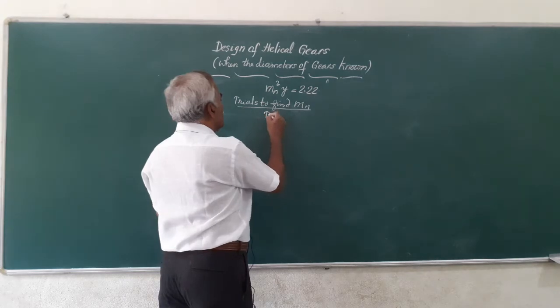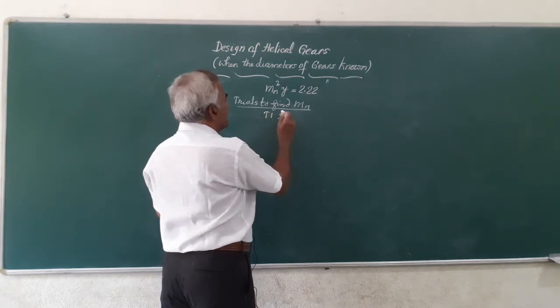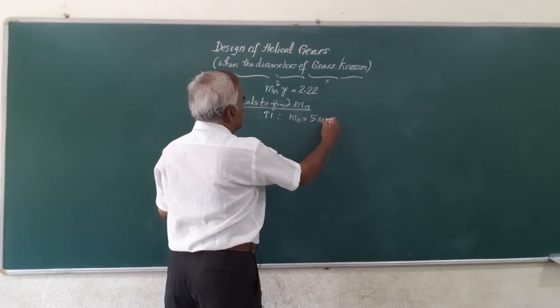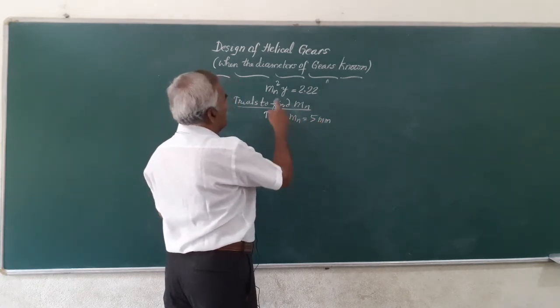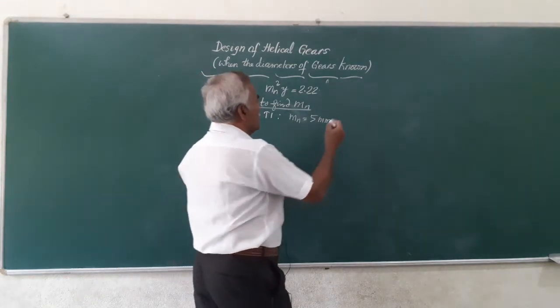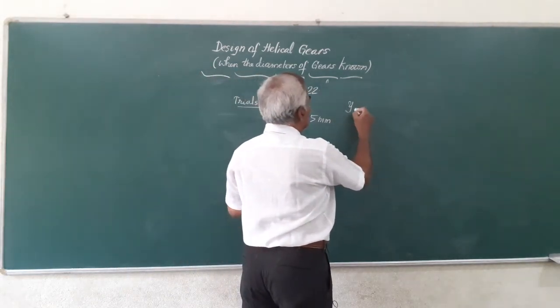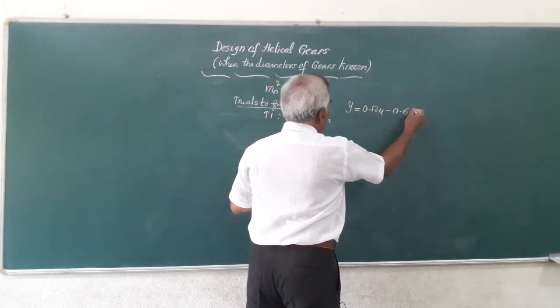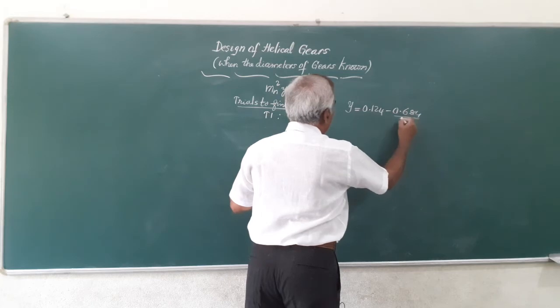So trial number 1, I am going to take mn equal to 5 millimeter. So when I got this value mn, then I have to find out y. What is y? Y is called Lewis form factor, that is given by 0.124 minus 0.684 divided by z.